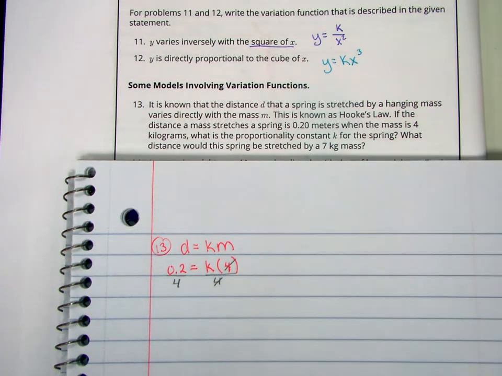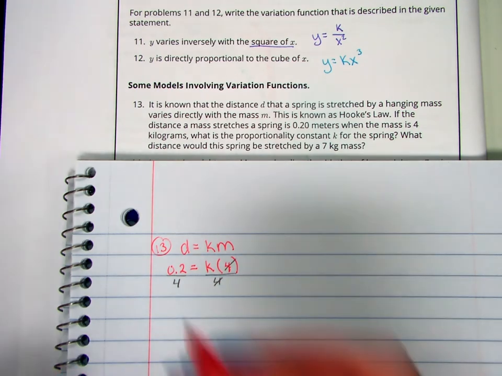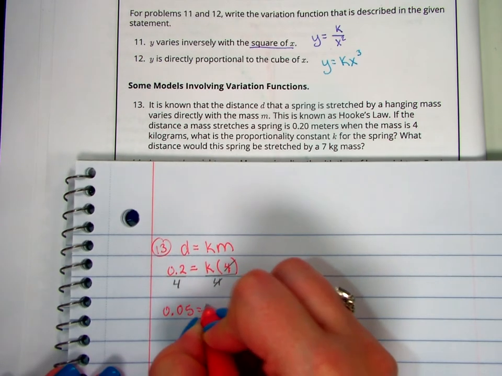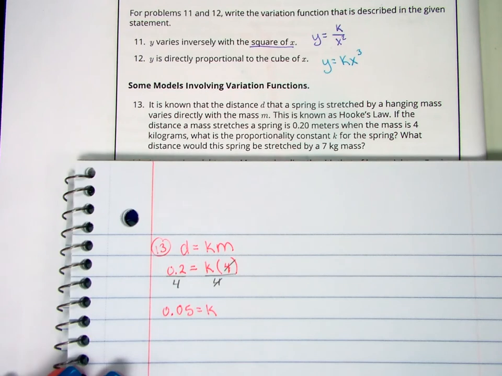So 0.2 divided by 4. Any ideas? 0.2 divided by 4. 0.5? No, it's not. It's 0.05. 0.05. Very good. There's my constant of proportionality.